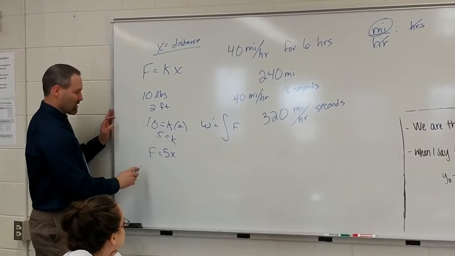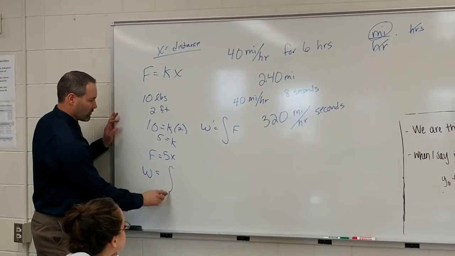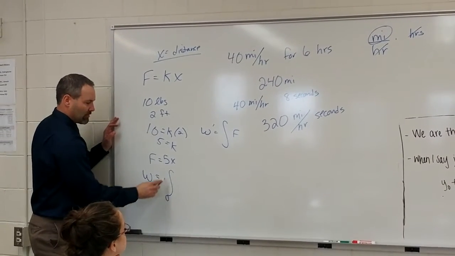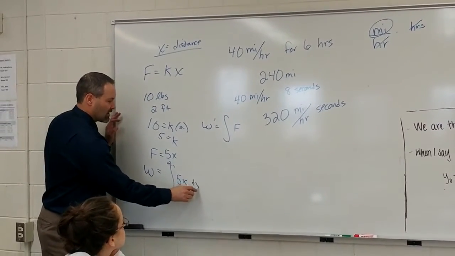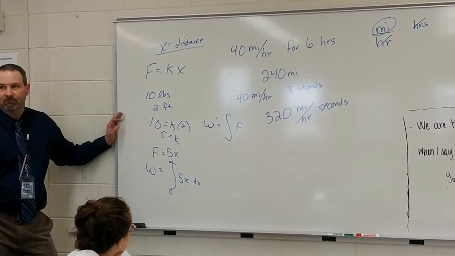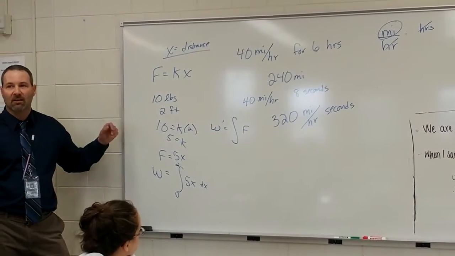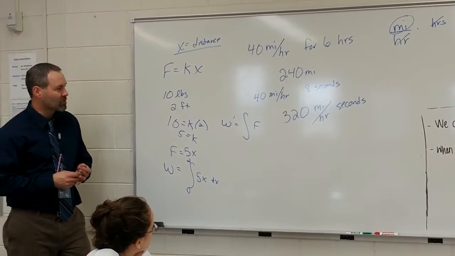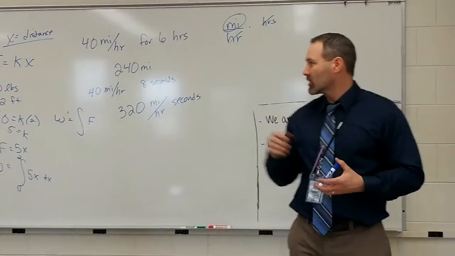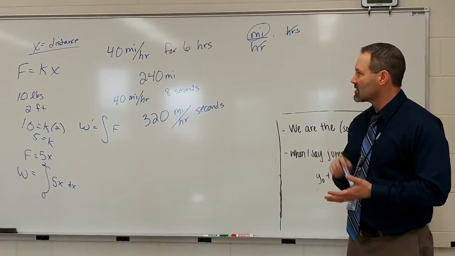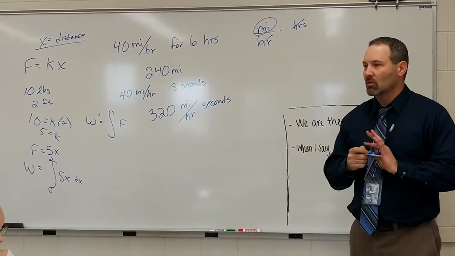If I want to find the work to go from 0 to 2 feet, I would integrate my force equation from 0 to 2, and that would get your answer. It's called Hooke's law. Pretty straightforward. The only problem would be forgetting force and work, so just memorize what those are. That's toward the end of your assignment.